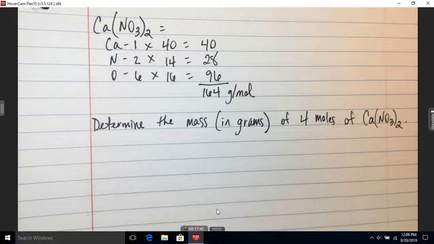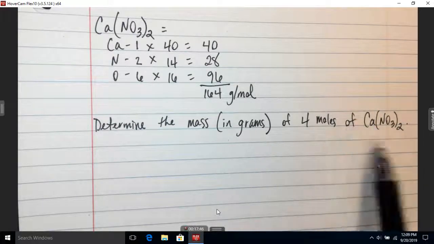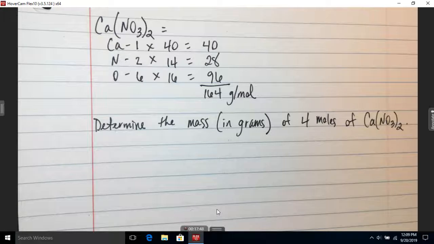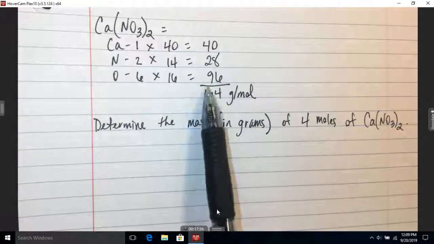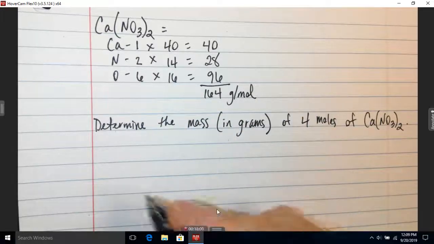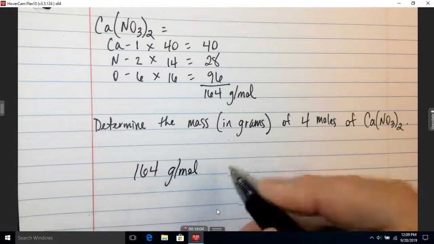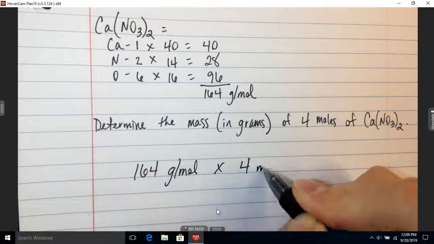What does 4 moles mean? 4 of these. So what am I going to do? Multiply it by 4. You already know how much this is. I'm going to take this, 164 grams per mole, and multiply it by 4 moles.